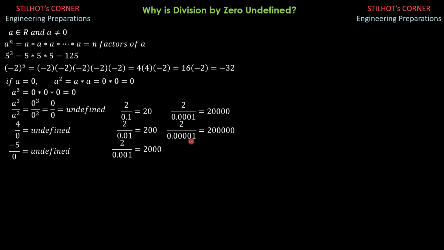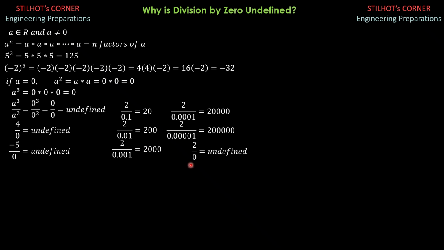So that's why as the value in the denominator approaches 0, if in particular very close to 0, the quotient, or the result, is very, very high, but we cannot determine it. So that's why in general, 2 divided by 0 is undefined.